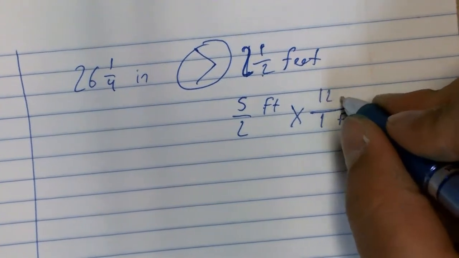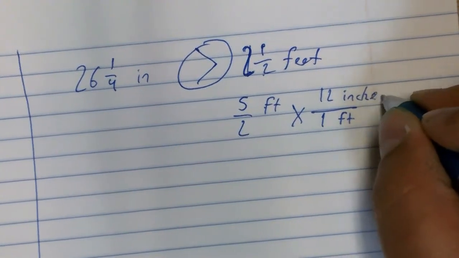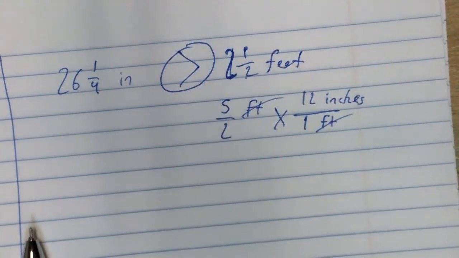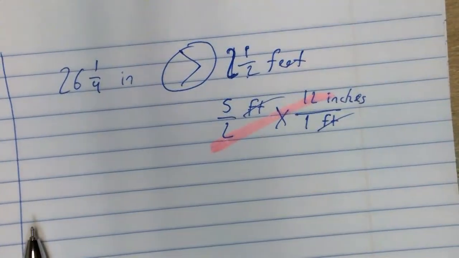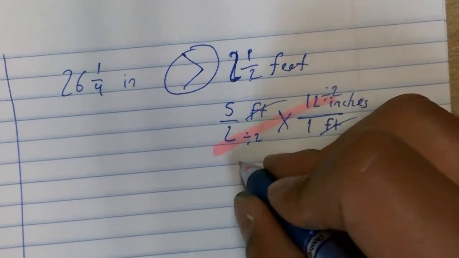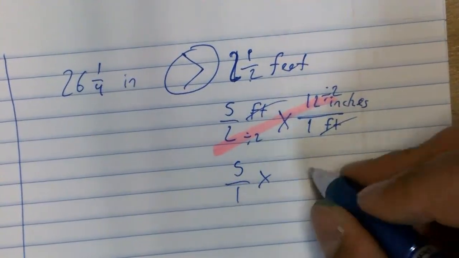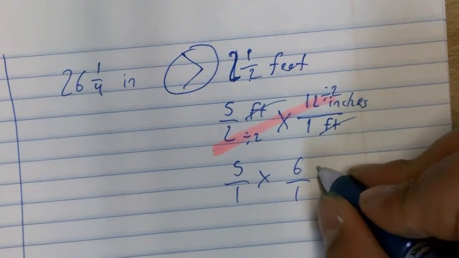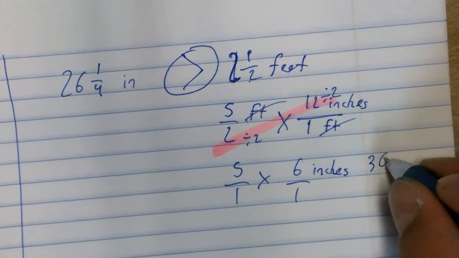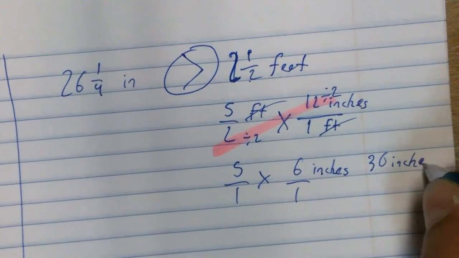Right? Feet cancel out. I can do a little cross simplification. They have a factor of 2 in common. 5/1 times 6/1. 30 inches.